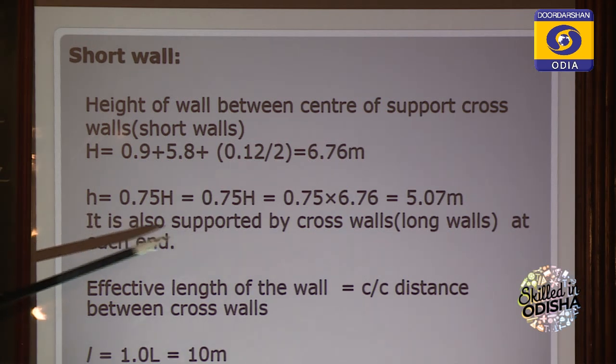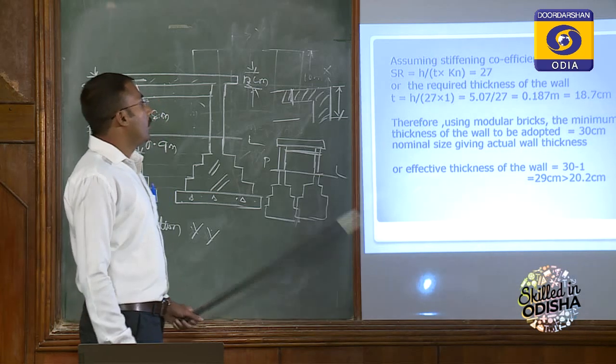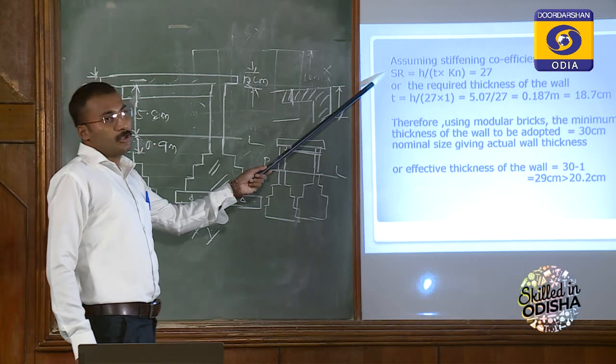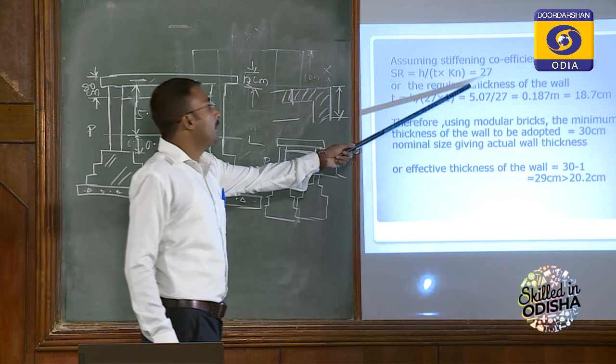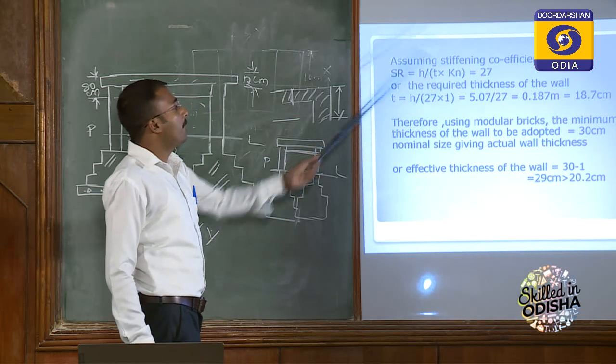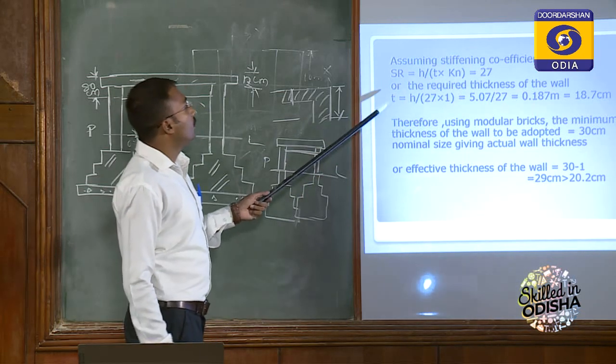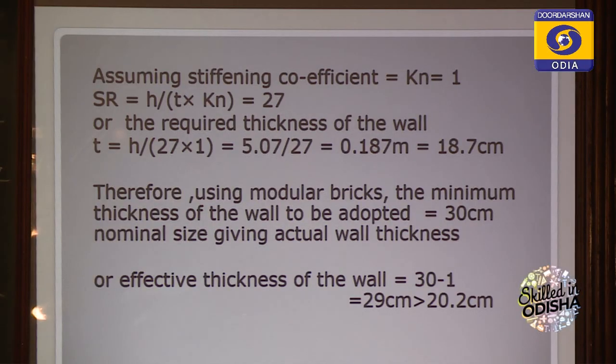It is also supported by cross walls at each end. So in this case, the effective length will be same as the length, which will be 10 meter. Here the slenderness ratio is also assumed to be 27. The stiffening coefficient is Kn equals 1. So how to calculate the required thickness of the wall?